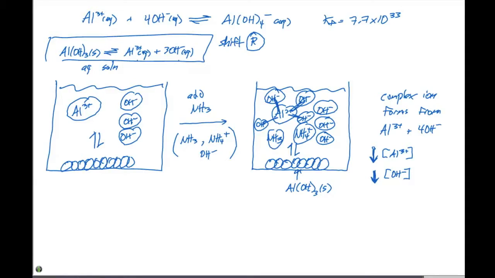So what's going to happen is that we have to take some of these solids and they're going to be pumped back up into solution. So that means the Al(OH)3 solid is going to dissolve when enough NH3 is added.